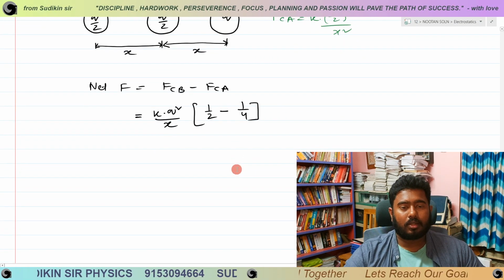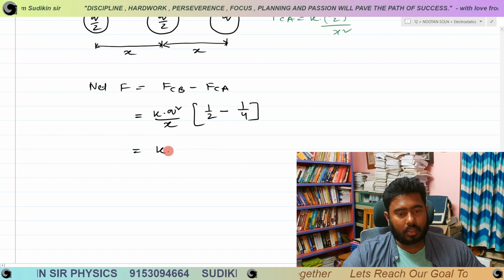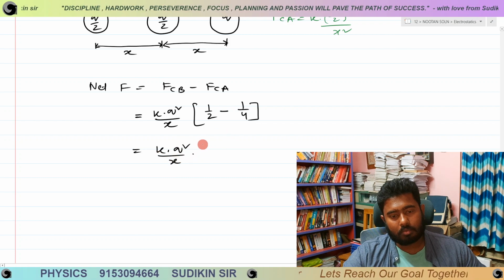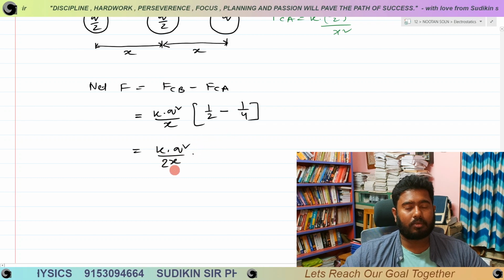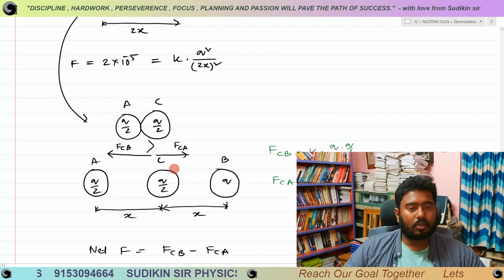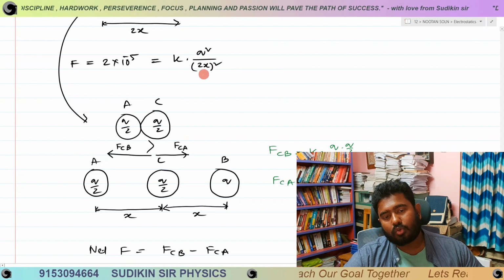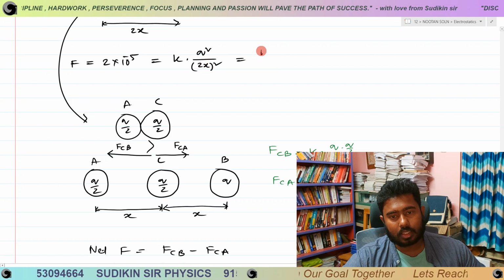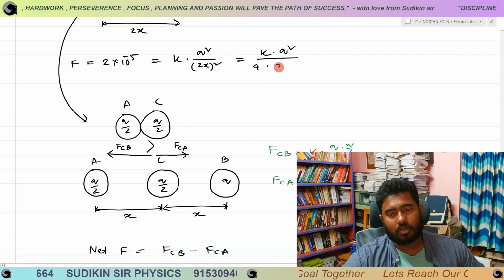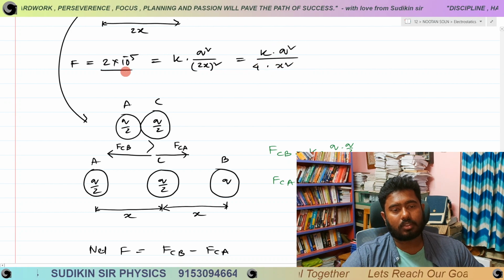So this will become K Q square by x square times half minus 1 by 4. This is the net force.